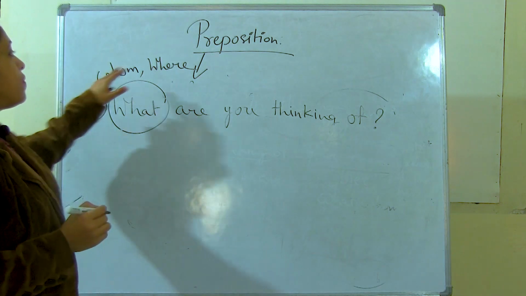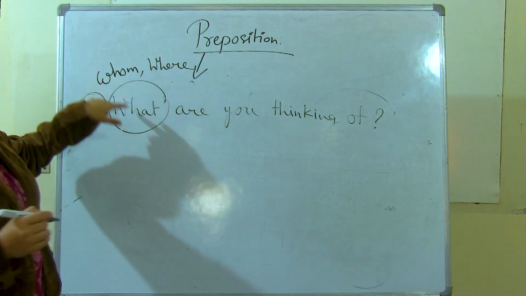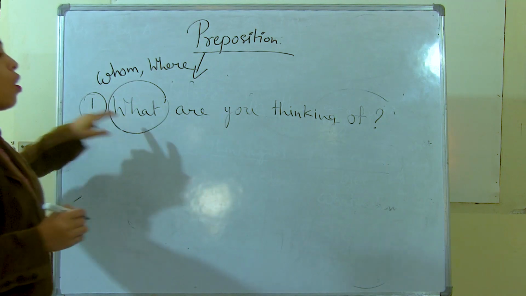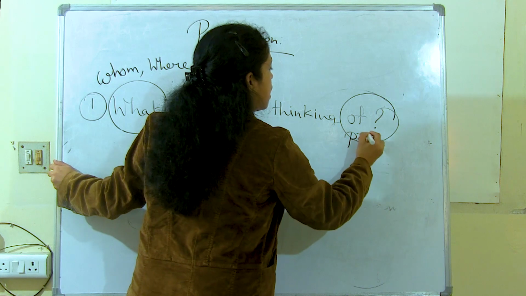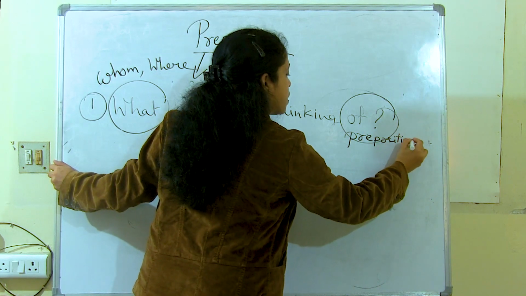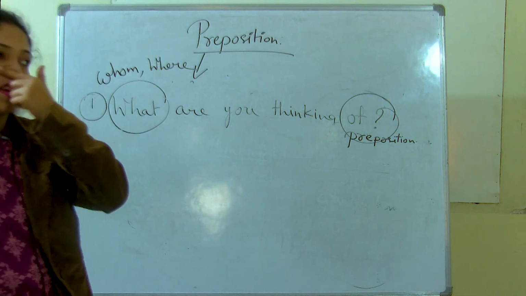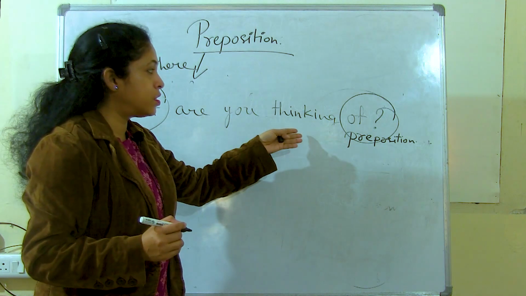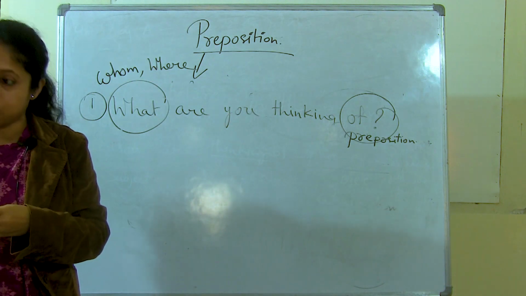Whenever you get an object WH word, you will always see that the preposition sits in the last part of the sentence. You have to understand all these things, because such a preposition can sometimes be used as an adverb also.